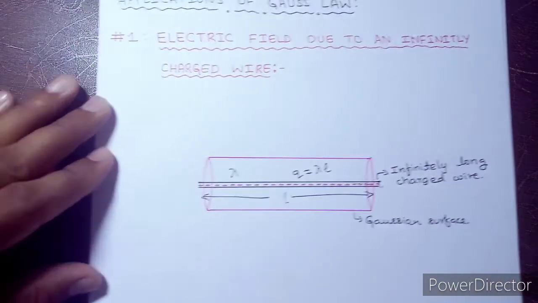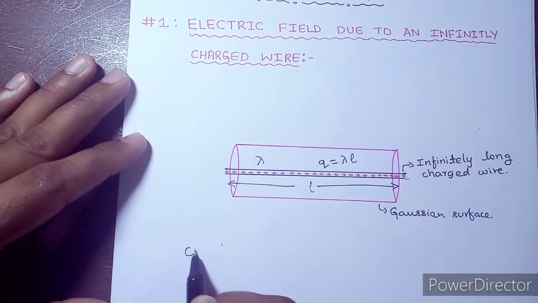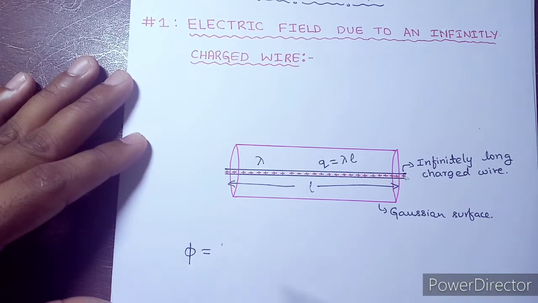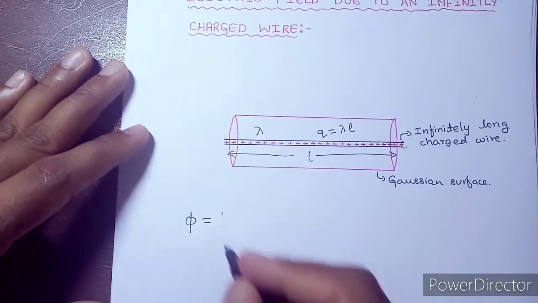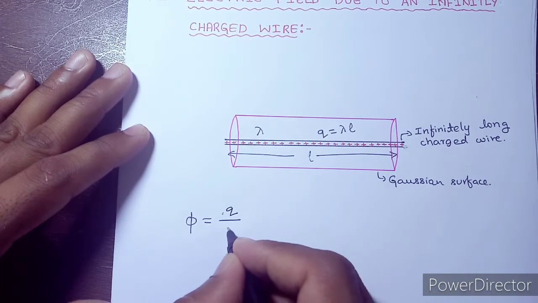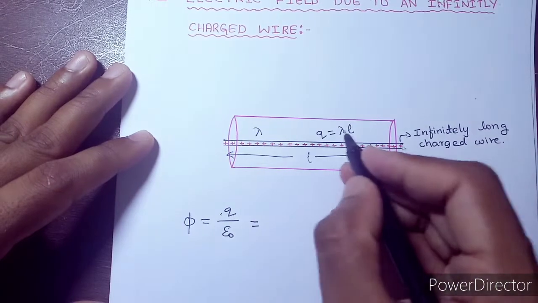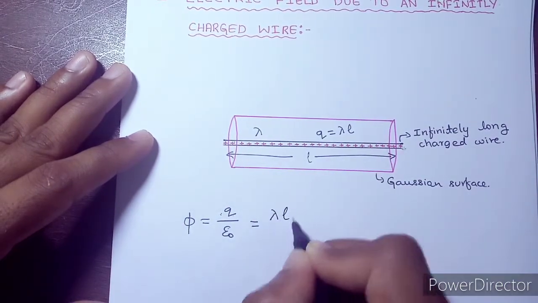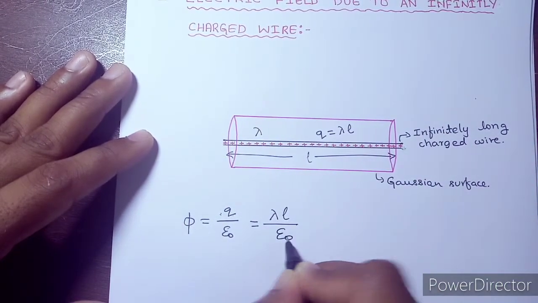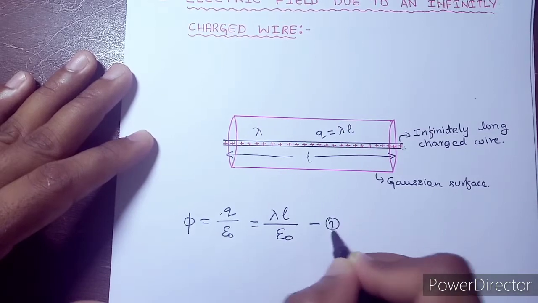So from Gauss law we have phi is equal to Q divided by epsilon naught. So that is equal to, what is Q? Q is lambda into L divided by epsilon naught. So let us consider this is equation number 1.